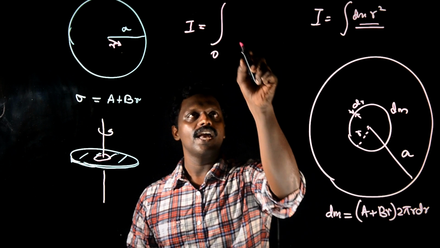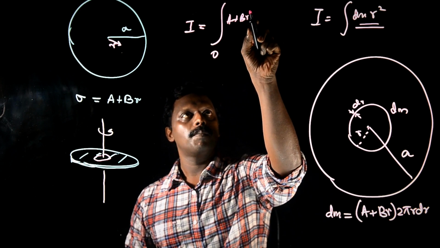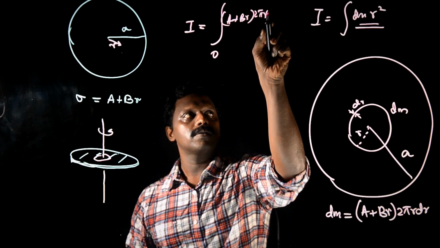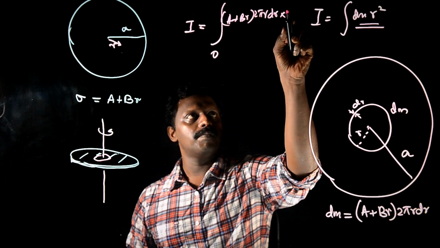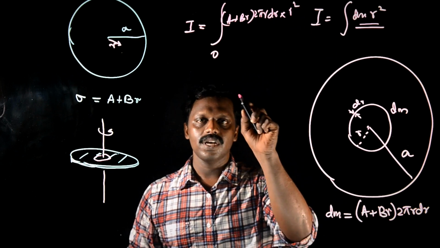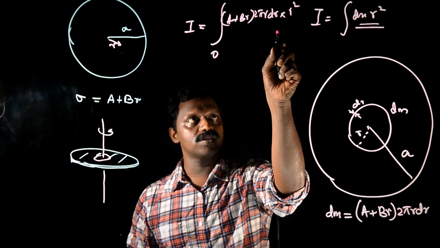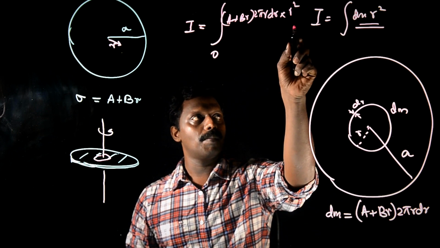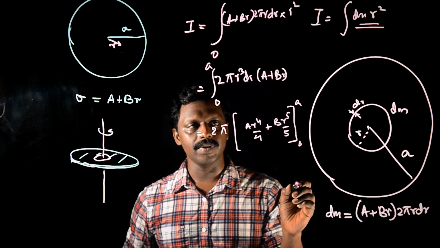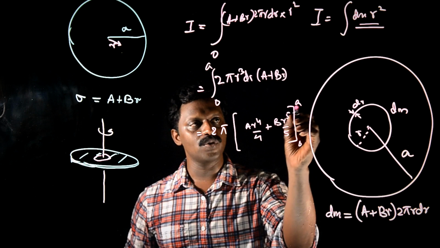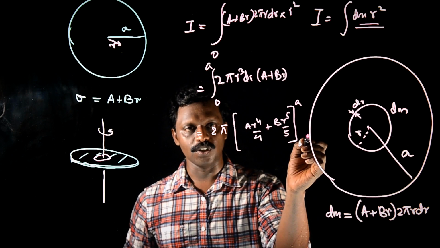So dm is A plus B r multiplied by 2 pi r dr. So that is dm multiplied by r square. So we have integral 0 to A of (A plus B r) 2 pi r dr, which is the mass, multiplied by r square. Now integrating and applying limits, we will be replacing r with A, and the lower limit will be 0.